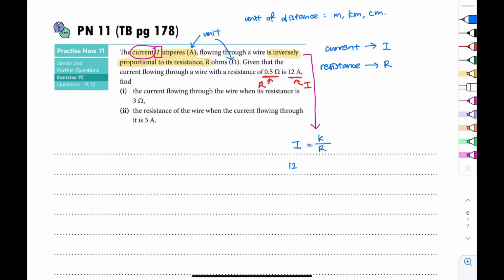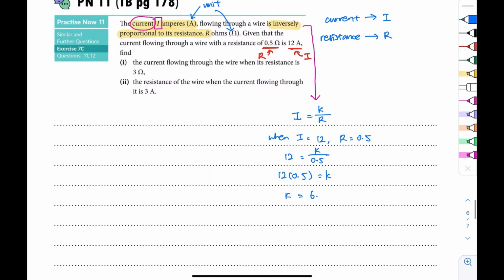So when I is equal to 12, R is equal to 0.5. So 12 equals K divided by 0.5. And therefore, K is equal to 12 times 0.5, or you can see it as a cross multiplication, that 12 times 0.5 equals K. So K is equal to 6. So therefore, I is equal to 6 divided by R. So we have formed the equation here.